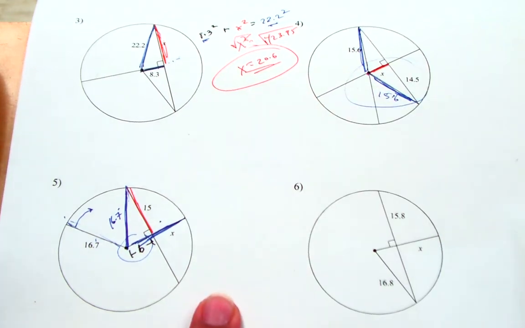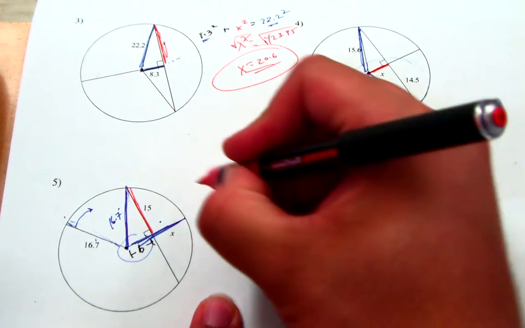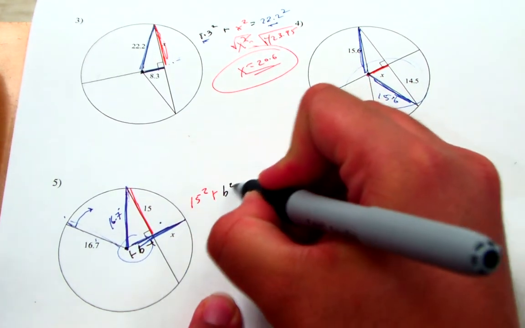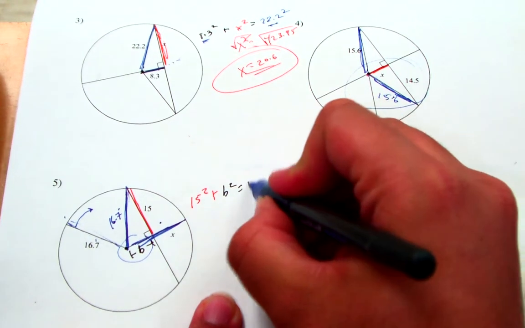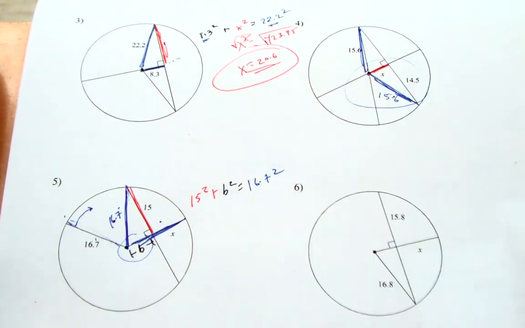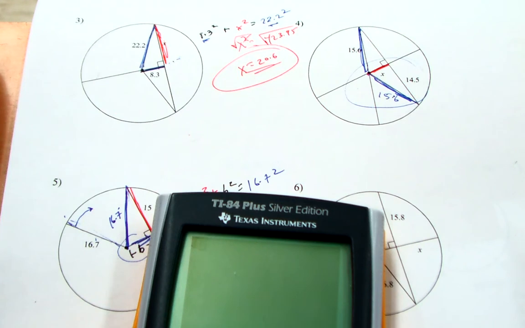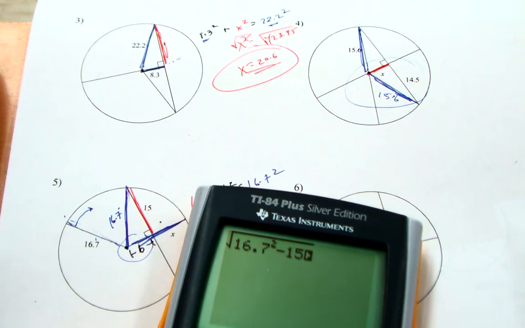So once again, using the Pythagorean theorem here, this would be 15 squared plus b squared equals 16.7 squared. So let me show you a little shortcut in the calculator. What you can do is recognize it's going to be the square root of 16.7 squared minus 15 squared, and right away we'll get 7.34.